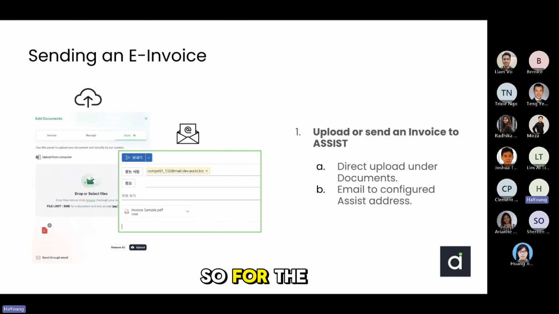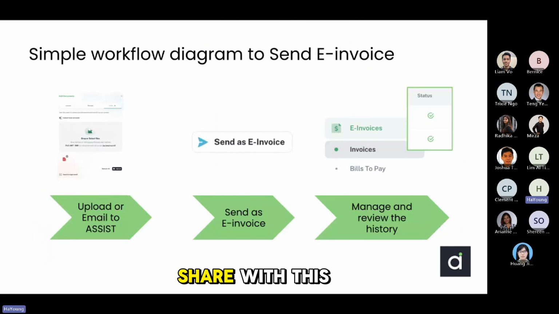For the simple flow, maybe I will share this first. We have two functionalities, which are invoices and bills to pay. Invoices are the invoices that the user will send to their suppliers or customers to receive the bills.